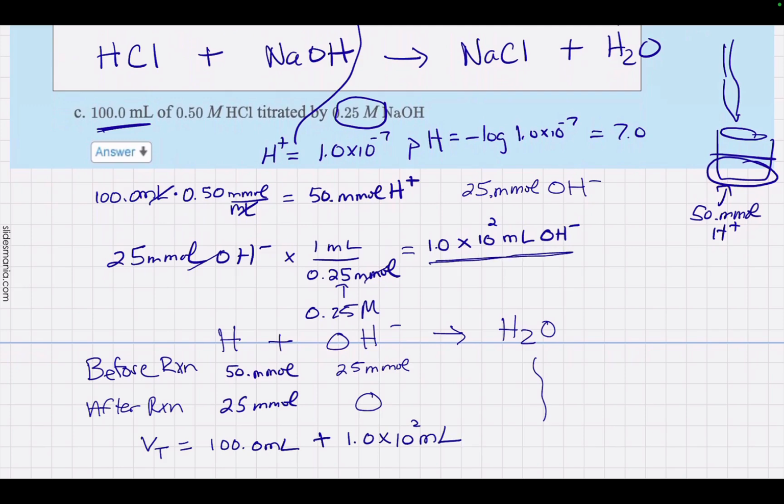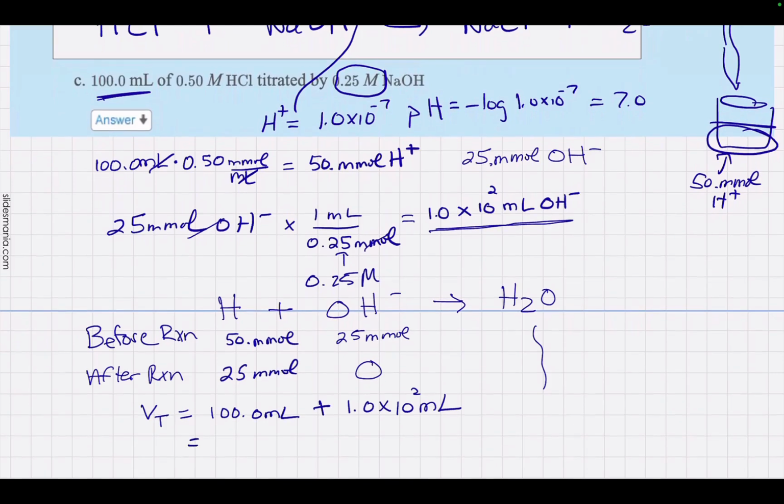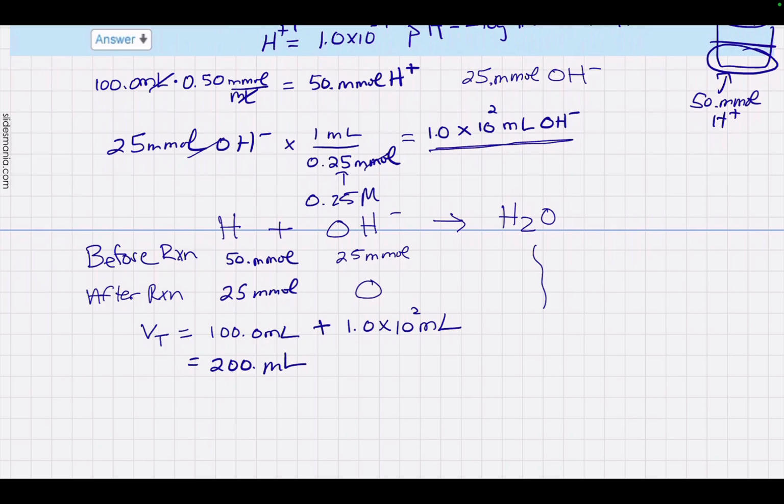So our total volume is, and I'm not really doing my significant figures, 200 milliliters. Now I'm ready to calculate the molarity of the hydronium ions by taking the 25 millimoles left over and dividing by those 200 milliliters. When I do that, I get 0.13 molar.